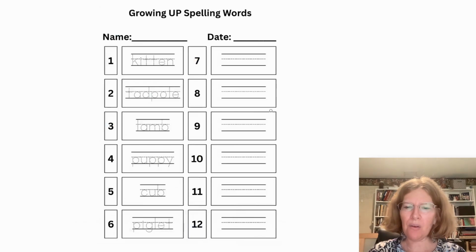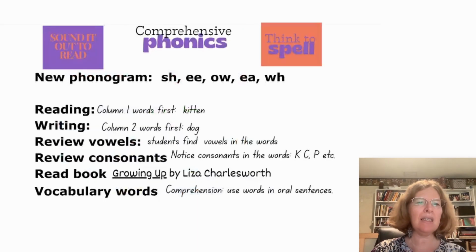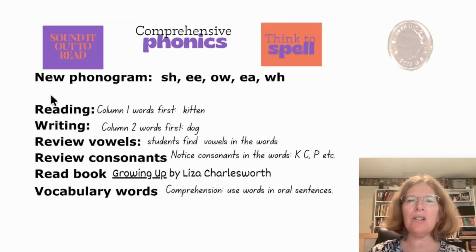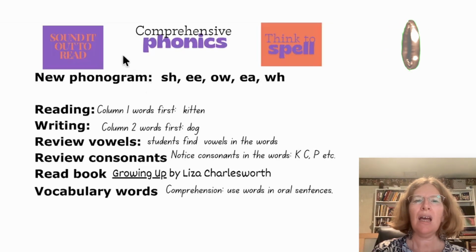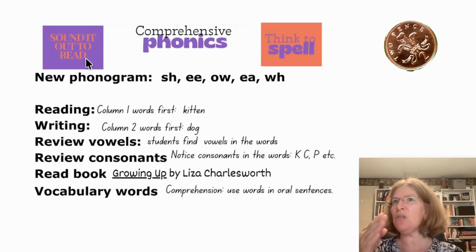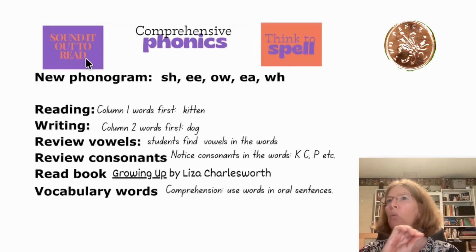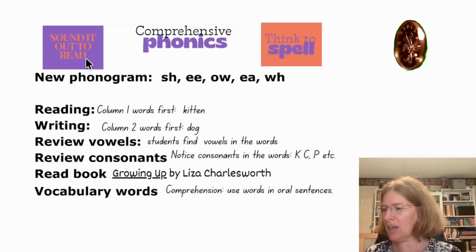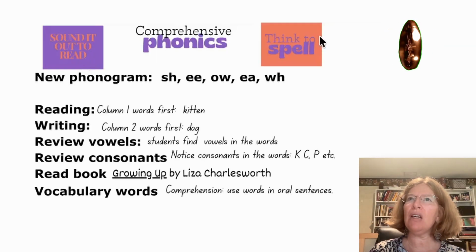Now, how did our lesson plan get developed? The lesson plan's here. We taught the new phonograms, and in this lesson we're going to sound it out to read. That's how you sound out words when you are reading. Sound it out. And then you think to spell.